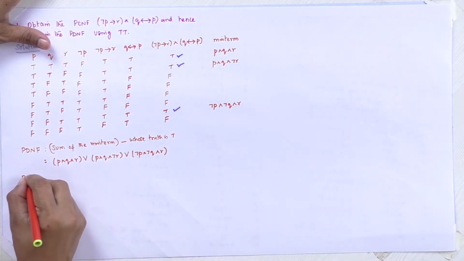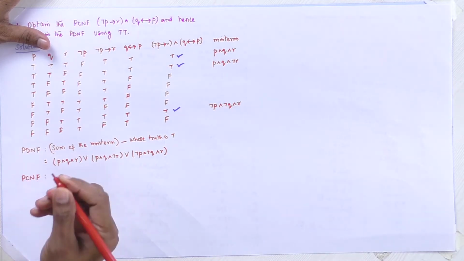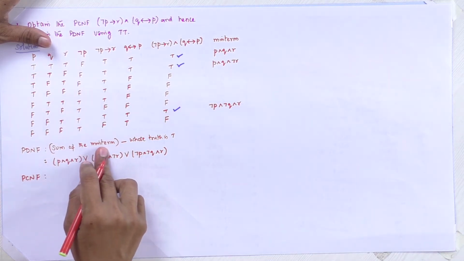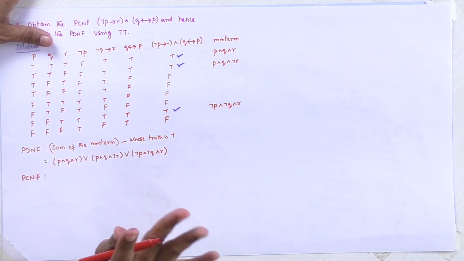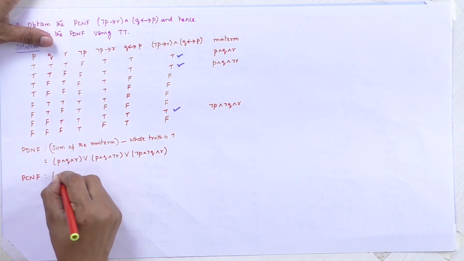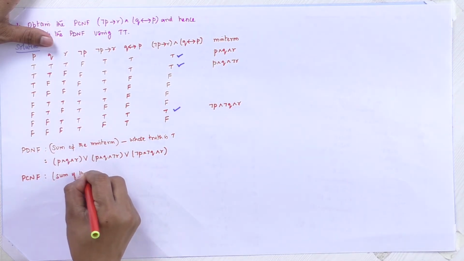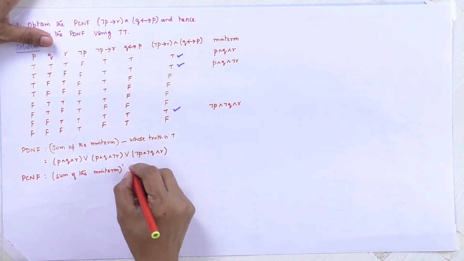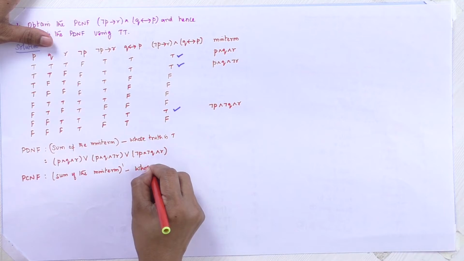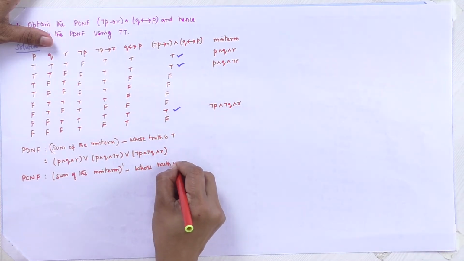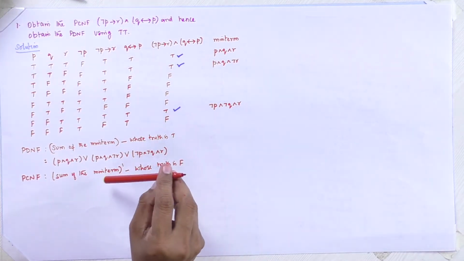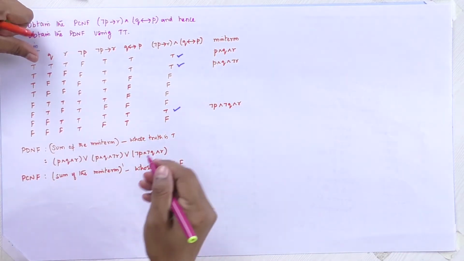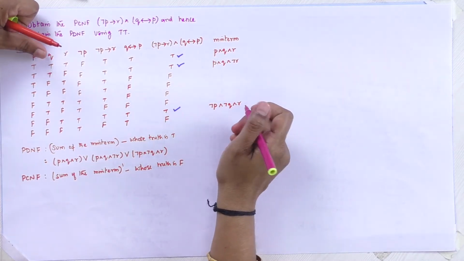And how do I get my PCNF? From here itself I can get it. That is the sum of the minterms, the whole complement, whose truth value is F. So wherever I have F, I will have to take the minterms, whole complement.